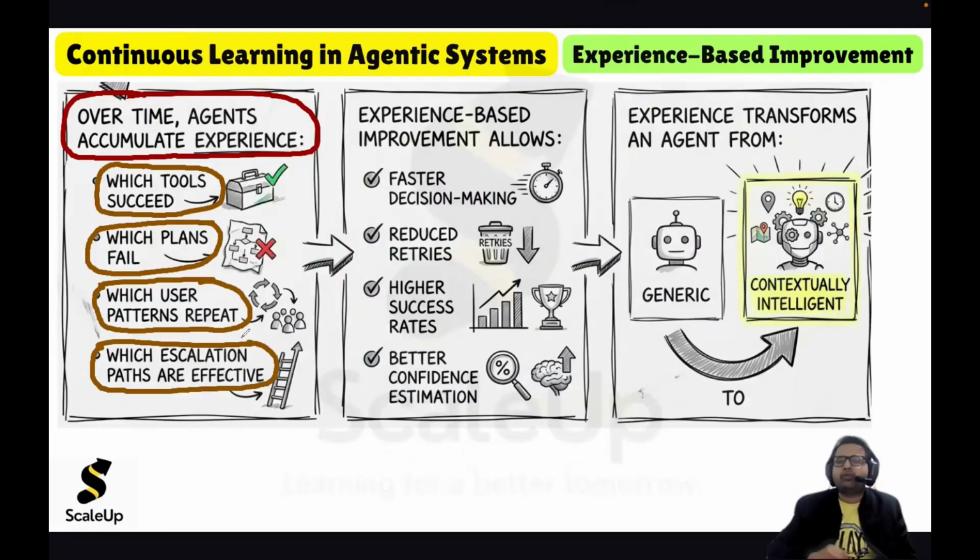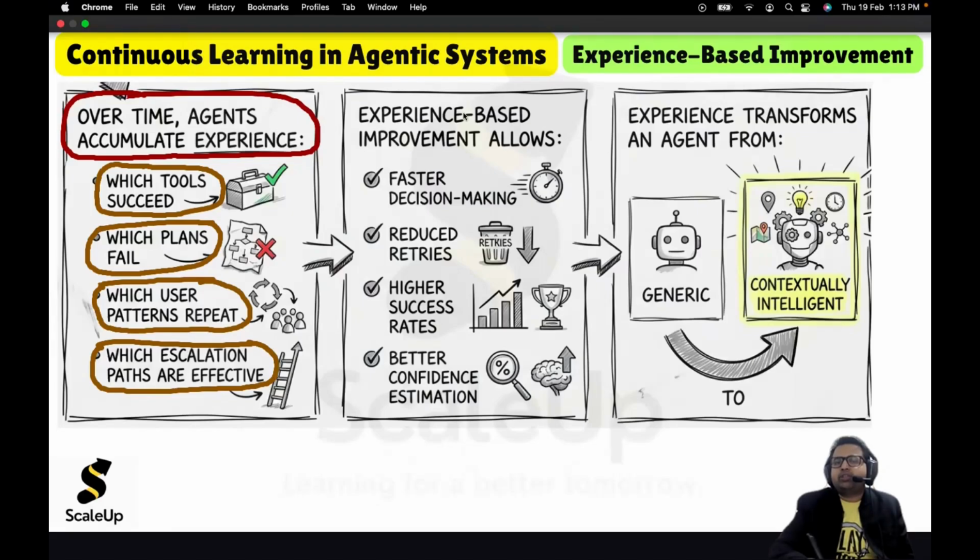This is a very powerful learning wherein with time agents are accumulating experience. Agents are getting aware about which tools succeed in the real world, which plans fail, which user patterns get repeated, and which escalation paths are effective. And this is what experience based improvement is.